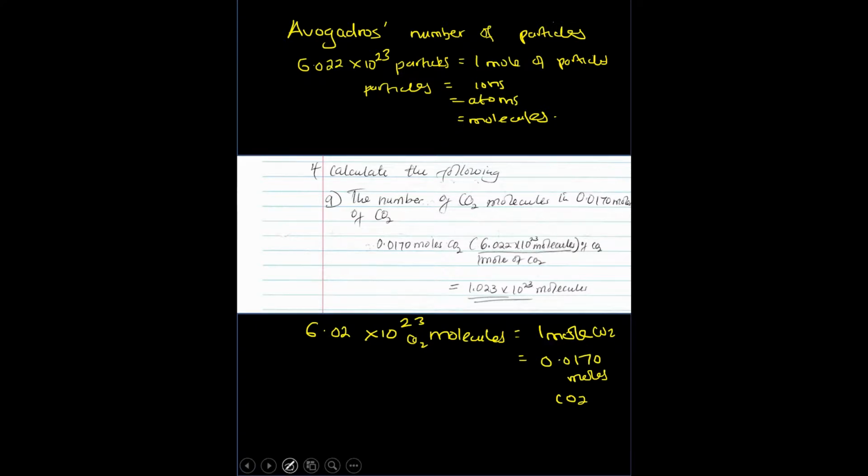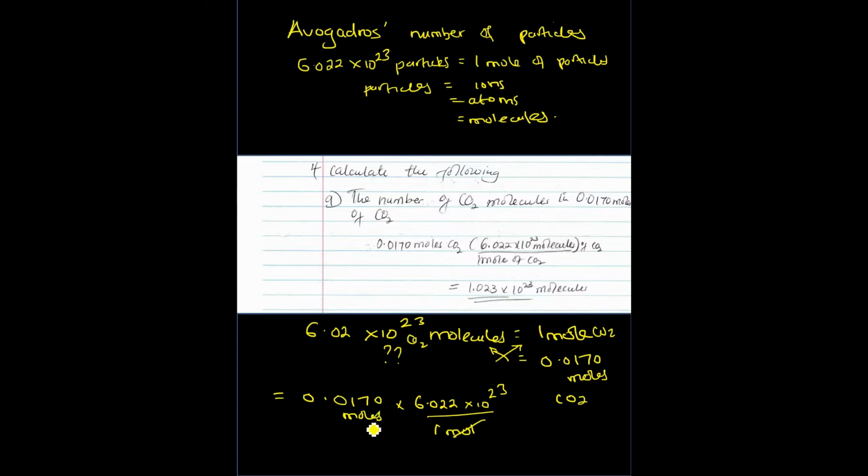So if you want to get this answer, how many molecules will you have in 0.017 moles of CO2? Simply cross multiply. You multiply 0.017 by the Avogadro's number, and then divide by 1 mole.